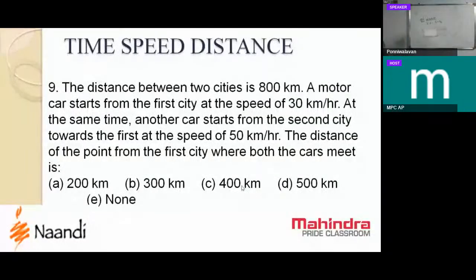Kindly note the question. The distance between two cities is 800 kilometer. A motor car starts from the first city at a speed of 30 km per hour. At the same time, another car starts from the second city towards the first at the speed of 50 km per hour.